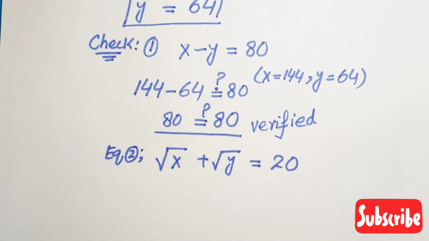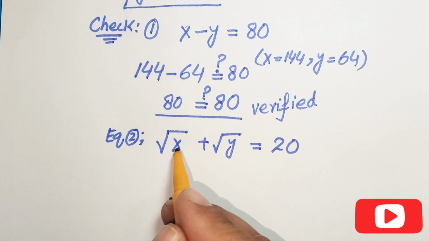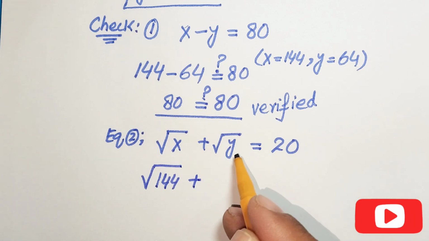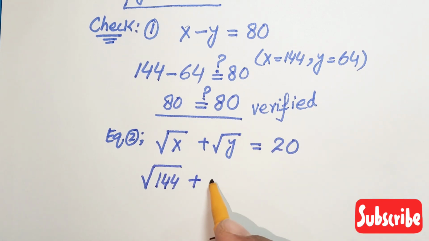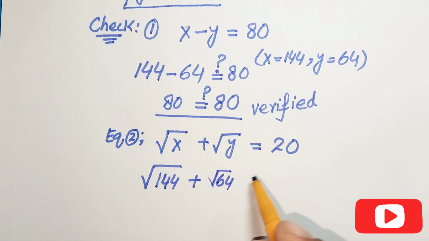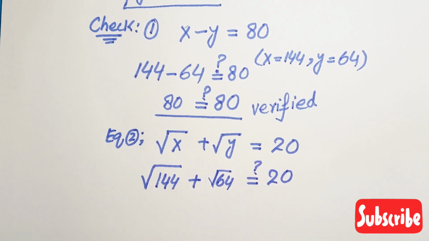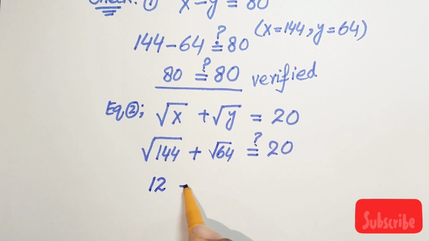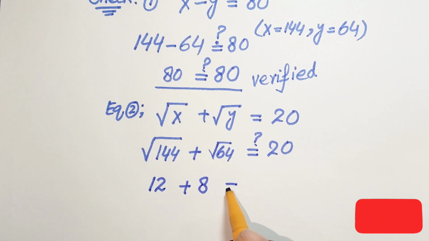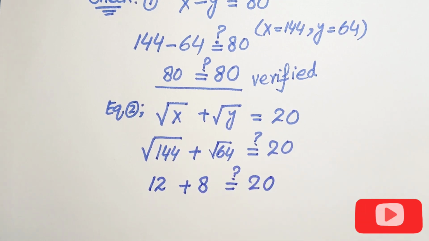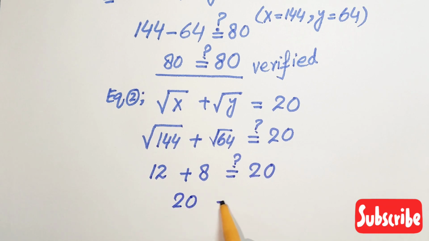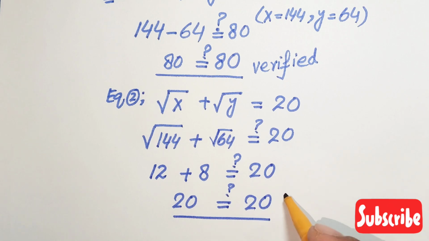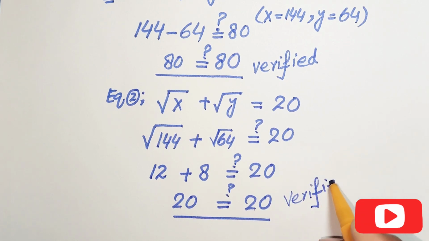Now here the value of x is 144 and y is 64. So square root of 144 is equal to 12 plus square root of 64 is equal to 8. The right hand side is 20. So 12 plus 8 is equal to 20, and then 20 is equal to 20. So the left hand side is equal to the right hand side. So equation 2 is also verified.